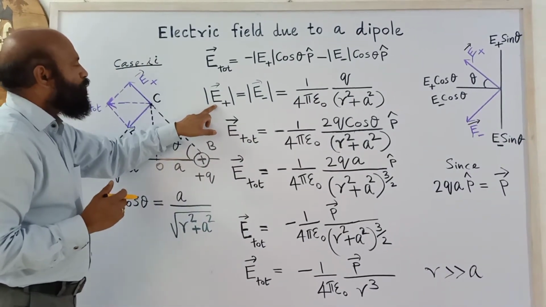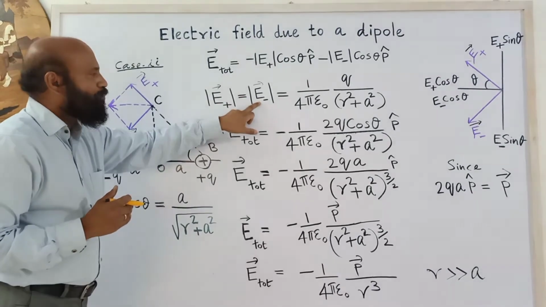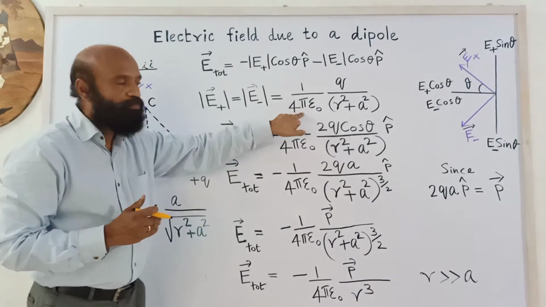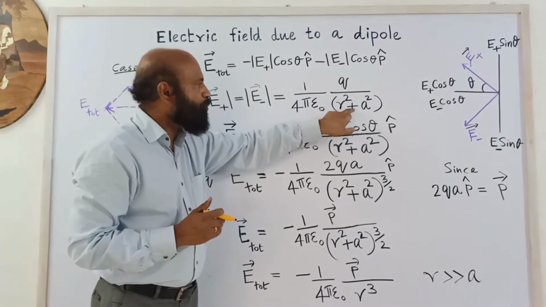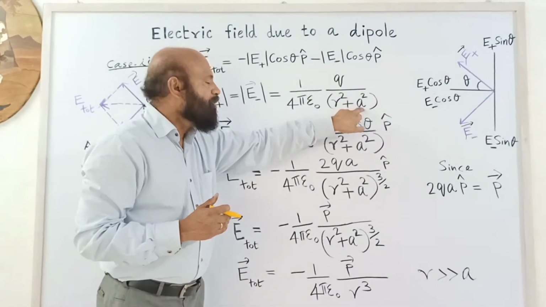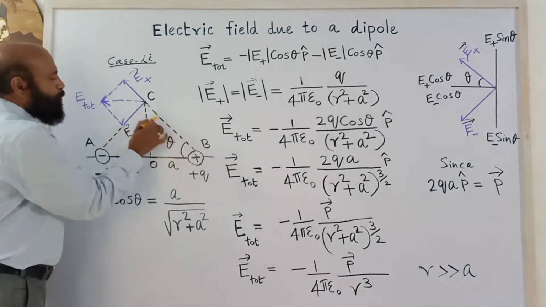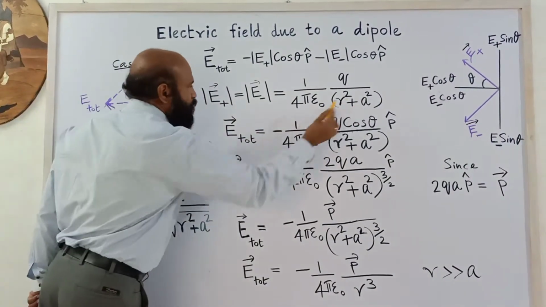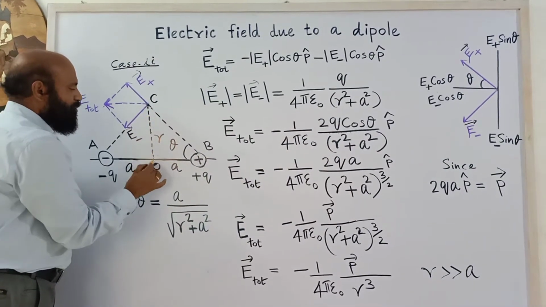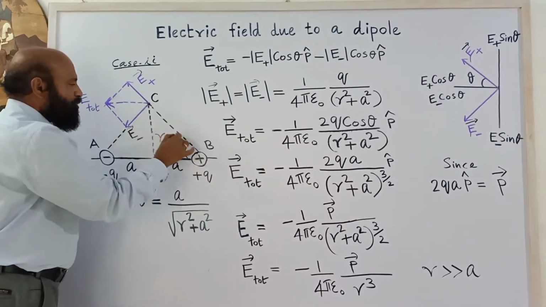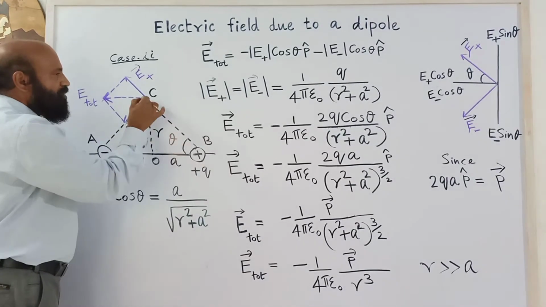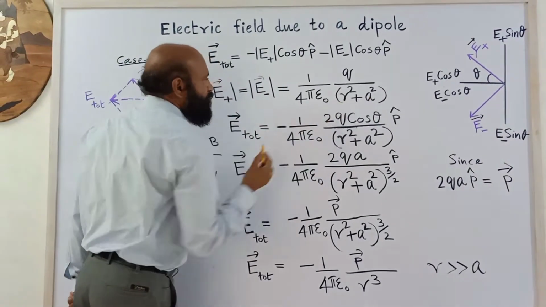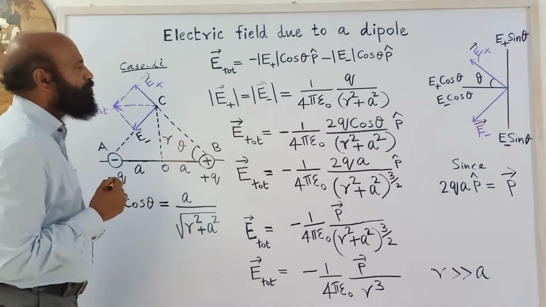Now the magnitude of E plus will be the same as the magnitude of E minus. So it is given by this expression: 1 by 4 pi epsilon 0, q divided by r square plus a square. The distance between the charge and the point is the square root of r square plus a square. This is r and this is a. Using the Pythagoras theorem, you can get this distance, so its square is r square plus a square.